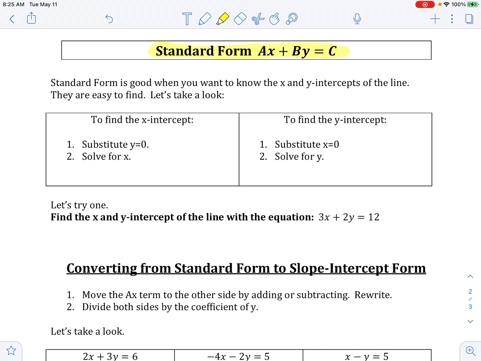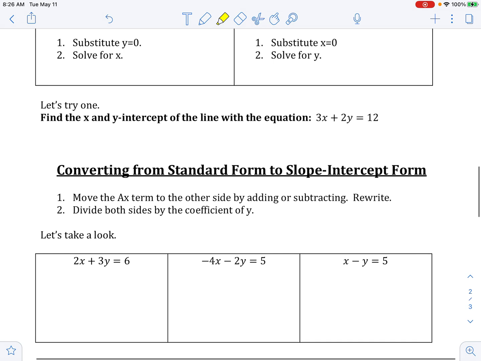And likewise, if you're finding the y-intercept, every point on the y-axis is going to have an x-coordinate of 0. So we replace the x with a 0, and then we solve our resulting equation for y. It actually goes quite fast, and I'm going to show you why it goes really fast.